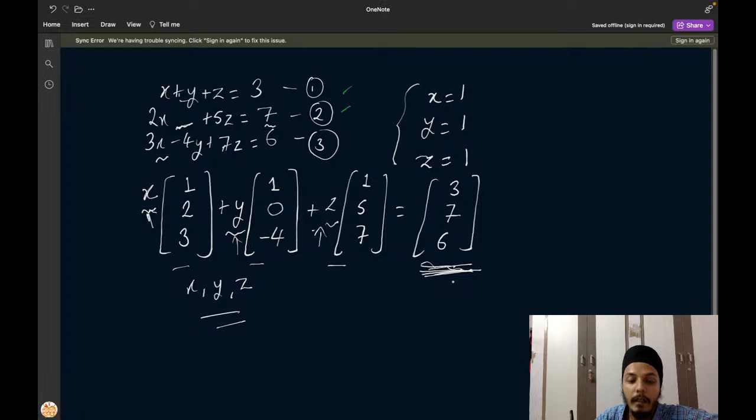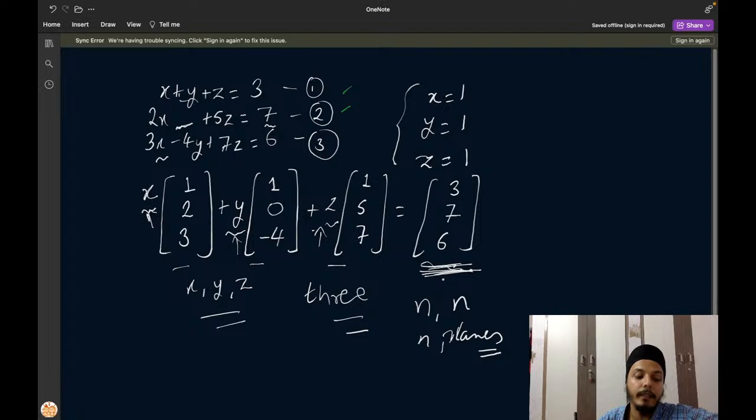So our goal of linear algebra is to look beyond these three dimensions. With n equations and n unknowns, we will have n planes in our row picture. And in the column picture, we will have n vectors and a right hand side that we need to get.